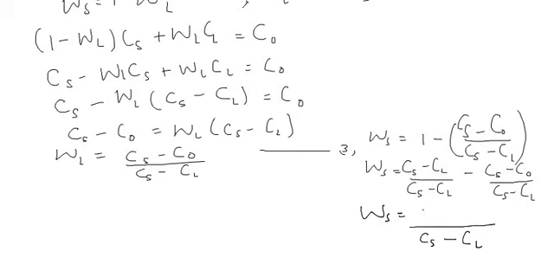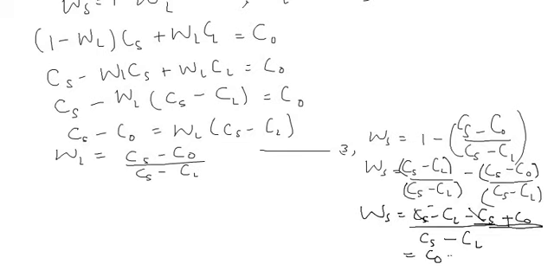So you take the numerator here, of course, you have cs minus cl, then minus cs, and this minus times this minus, since they are all in brackets, you can put the brackets so that you don't get confused. It will be minus cs plus co. So when you simplify this, cs will cancel minus cs, and you're left with co minus cl all over cs minus cl.